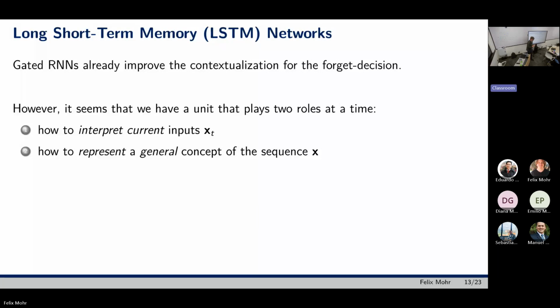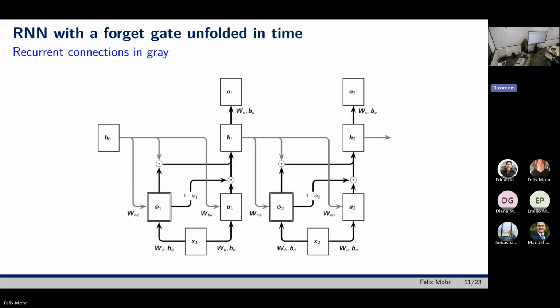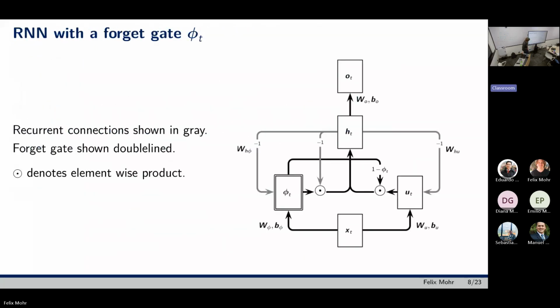But this internal state still has two tasks that it plays at the same time. Let's look at this figure again, and look at how many things this is being used for. It's used to configure what the update would look like if we incorporate everything, if we forget everything.